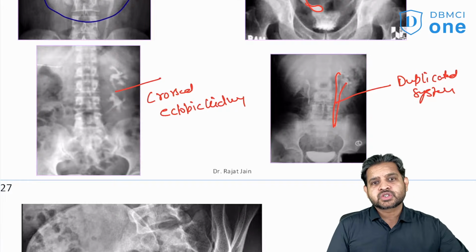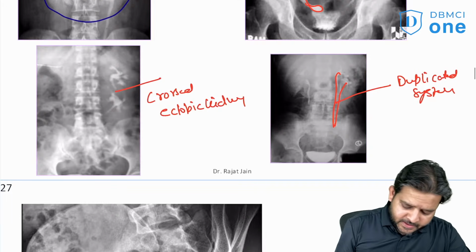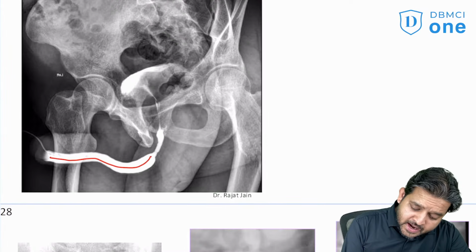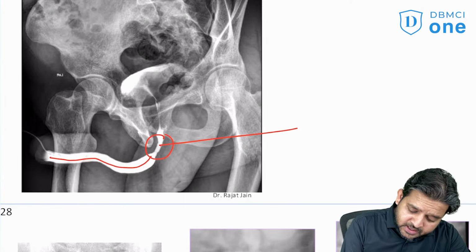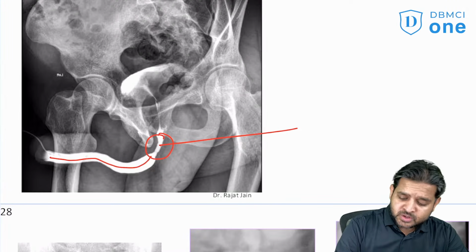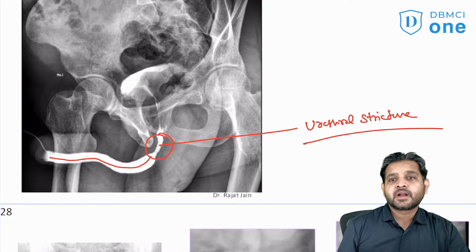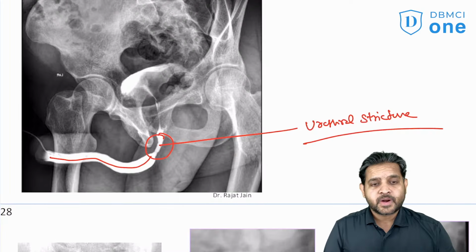Right? Now, if you see the anterior urethra, the penile urethra and the bulbar urethra, and you see the bulbar urethra is narrowed in comparison to the penile urethra, then this qualifies for a urethral stricture. Right? Urethral stricture. Okay.